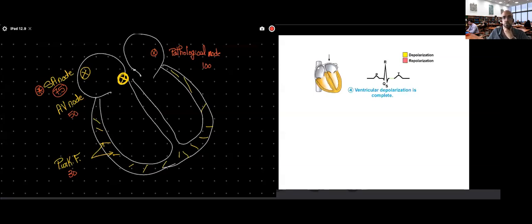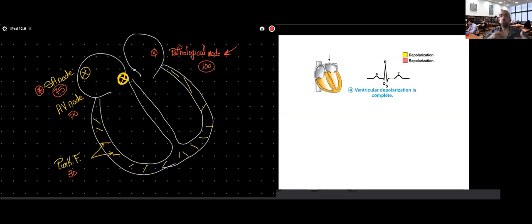What do you think? Which one would you follow? Your cardiac muscles follow the fastest node. Which one is the fastest node in this case? The pathological one, this one on here.